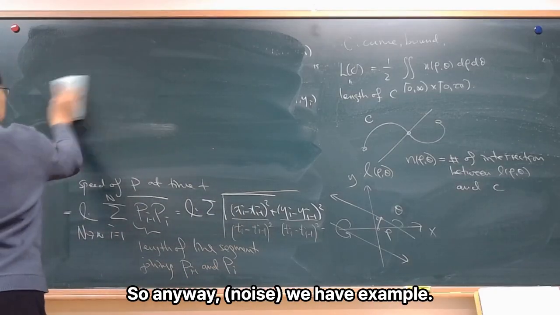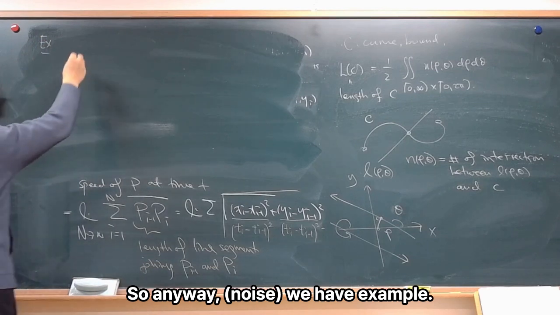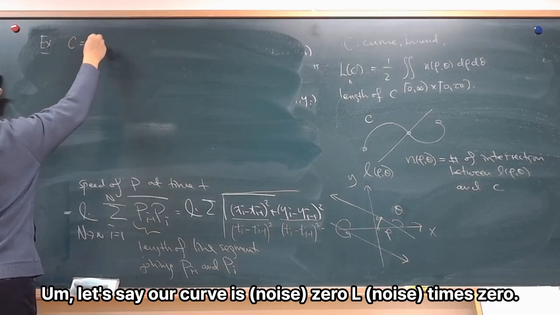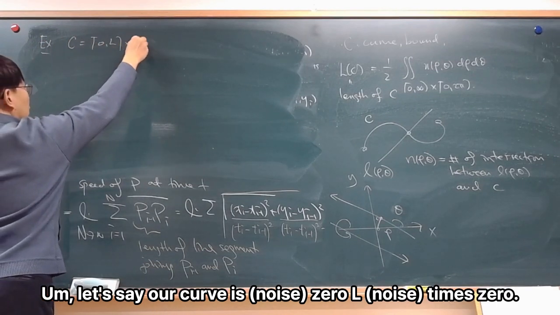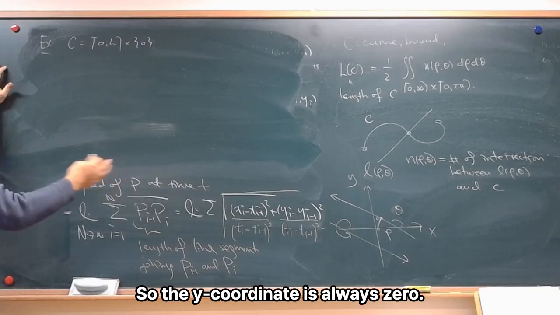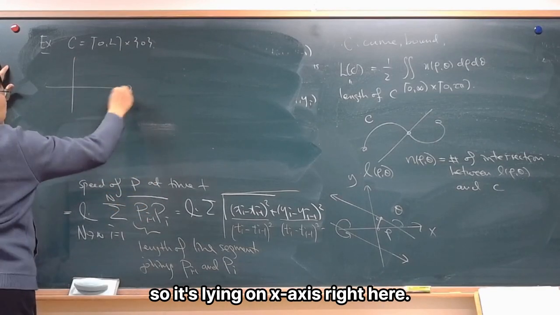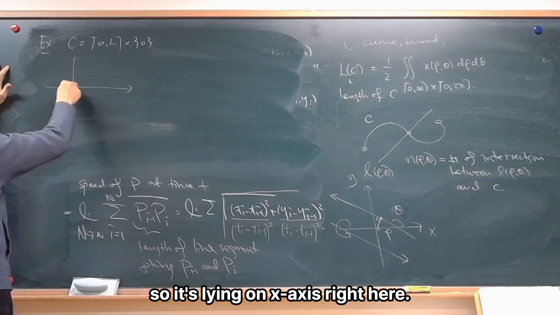So anyway, we have an example. Let's say our curve is [0, L] times 0. So the y-coordinate is always 0, and x only changes from 0 to L. So it's lying on the x-axis right here.